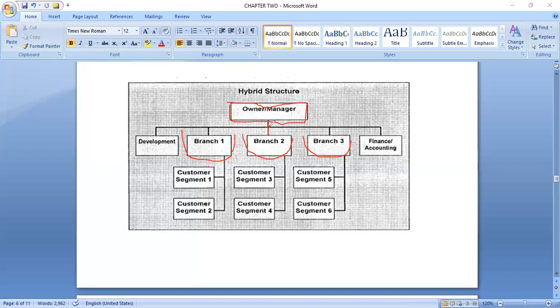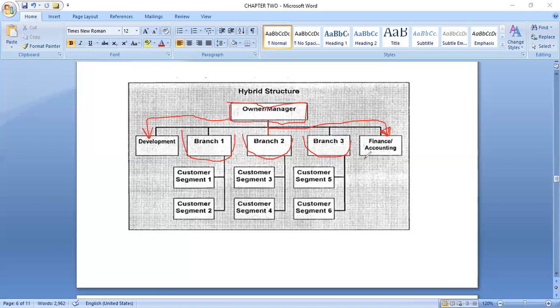And what do you realize also here? We realize that it is also a combination of the functional organization structure, because we have these different departments. Of course, the departments come from the functions. The functions come from the tasks, right?